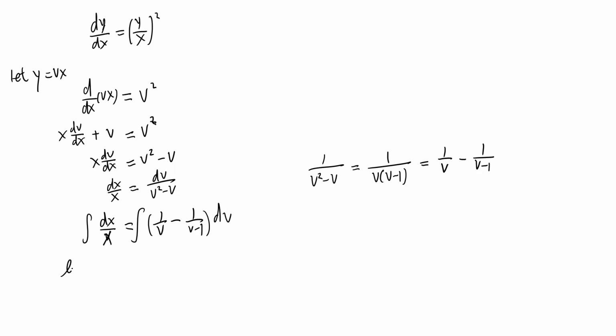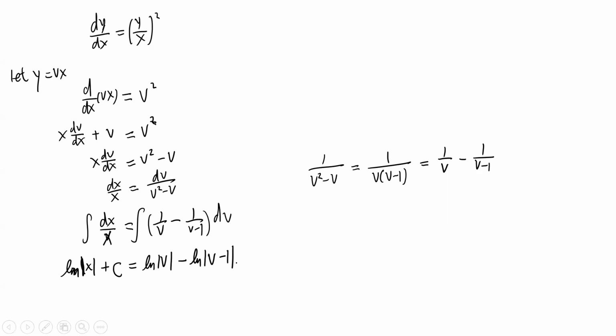So then I have log of the absolute value of x plus some constant c equals log of v minus log of v minus 1.